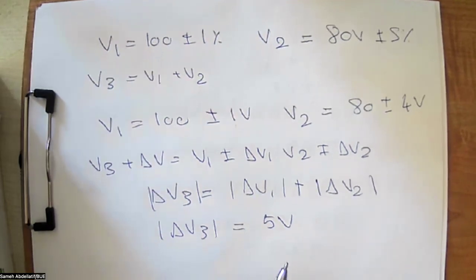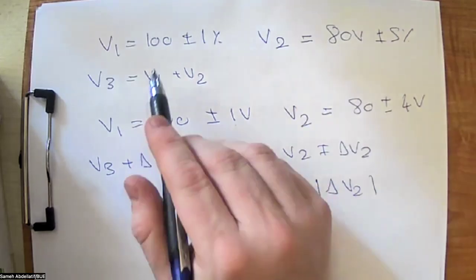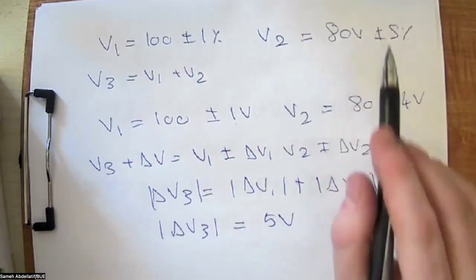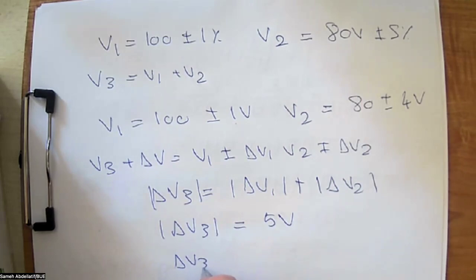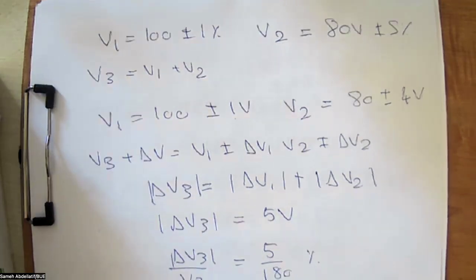If you would like to return this 5 volts into a relative error, your total voltage here is 180. So delta V3 over V3 is simply 5 divided by 180 as a percentage. So this is the relative error.